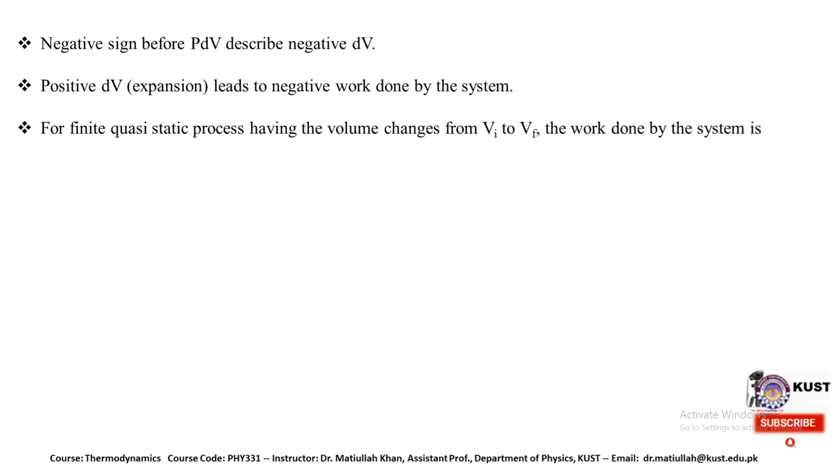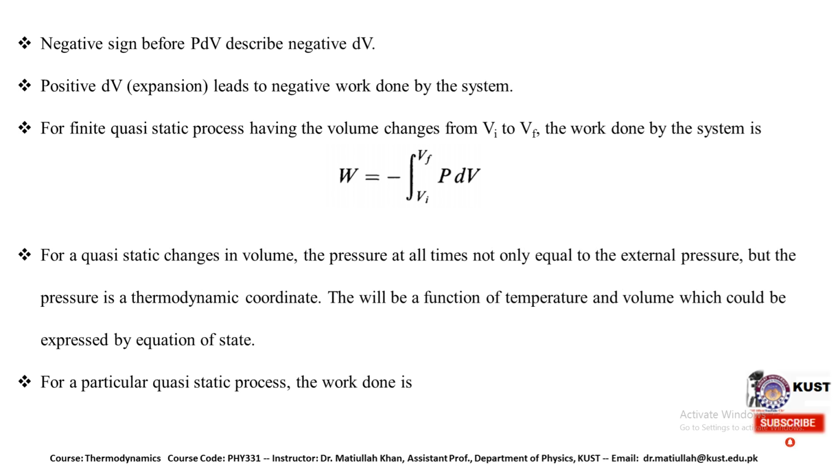For any finite quasi-static process, when the volume changes from the initial to the final configuration, the work done is equal to minus the integral from Vi to Vf of PdV. If we consider a quasi-static process, the pressure at all times is not only equal to the external pressure, but the pressure is a thermodynamic coordinate.